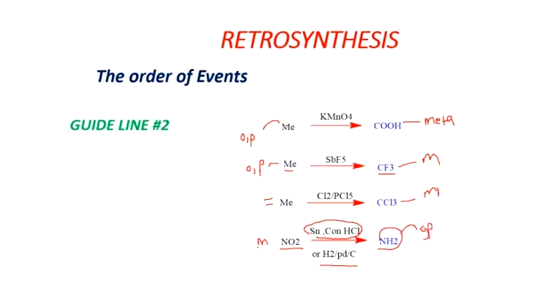We always remember that when we do any transformation of a given compound, the reaction proceeds from one compound to another by using different reagents. Here is an NO2 group. On the NO2 group we proceed with conc. HCl as well as H2/Pd-C. So here we transform the NO2 group into an NH2 group, an amine group.